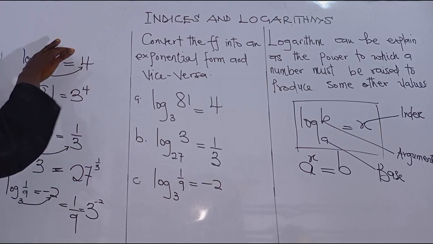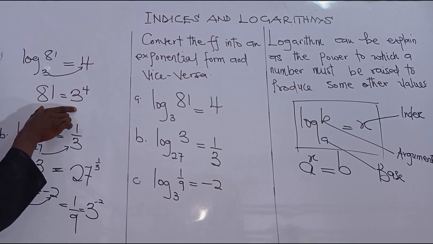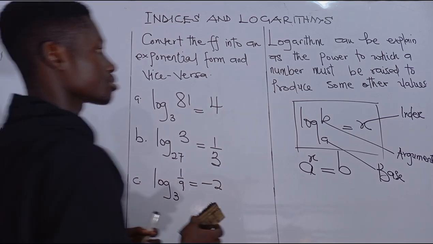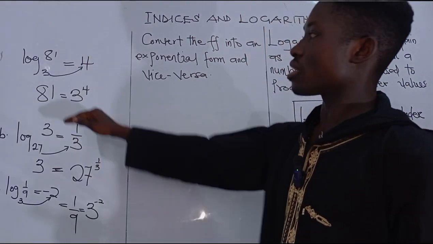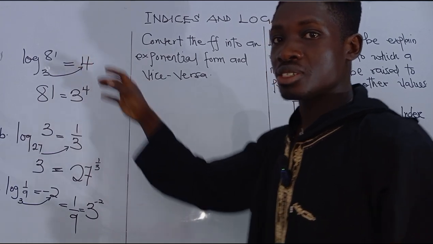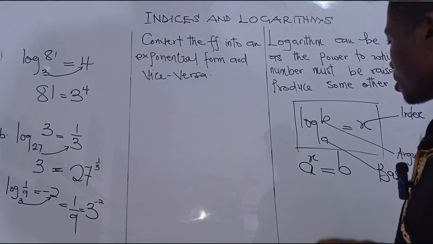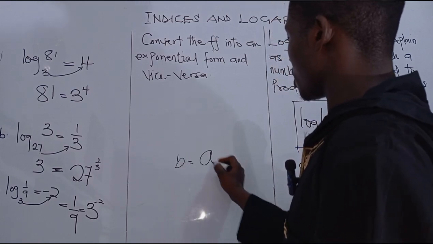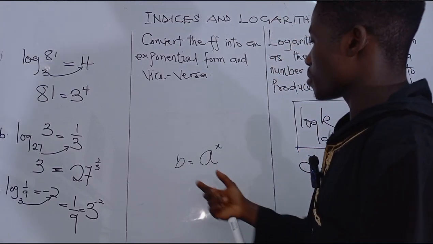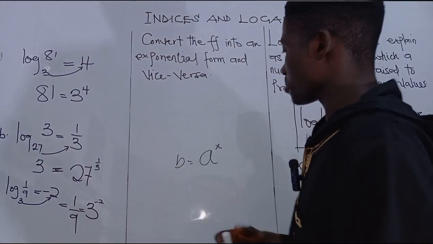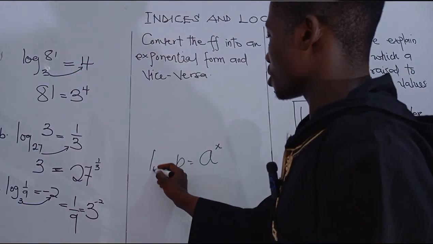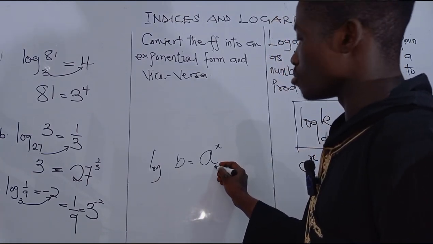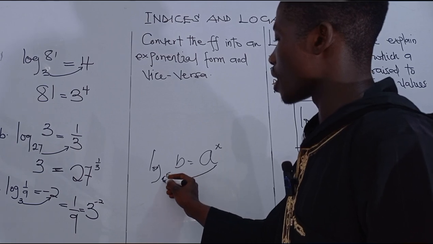Now you want to move back and write this index form in a logarithm form. So we are going to apply this concept, which we said that if you have b is equal to a raised to the power x, and you want to write this in a logarithm form, we are going to introduce logarithm on the number which is b, and then the base of the power will move and become the base of the logarithm.